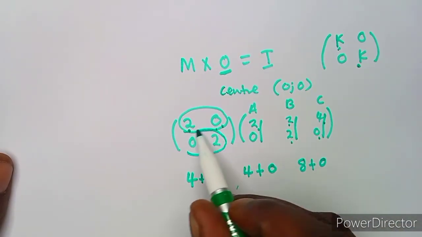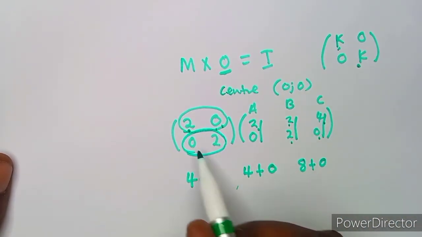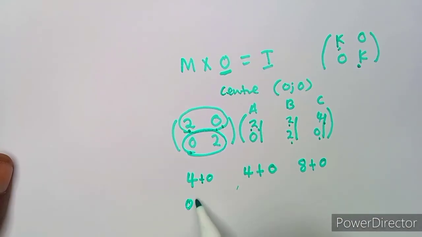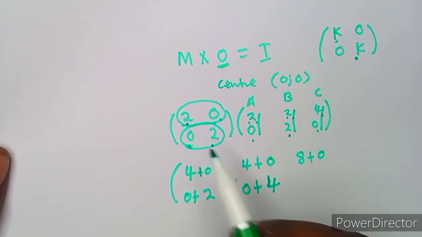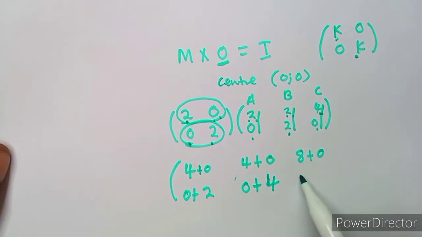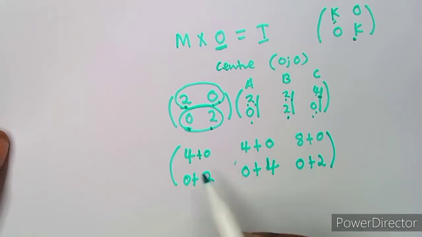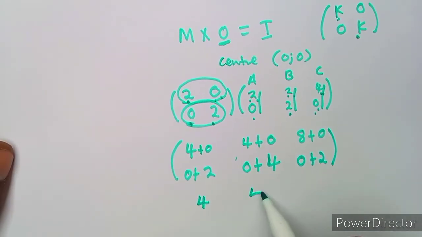We move on to this row and the same columns: 0 times 2 is 0, plus 2 times 0, that's 2. Then 0 times 2 is 0, plus 2 times 2, that's 4. Then 0 times 4 is 0, plus 2 times 0, that's 0. So that's it, guys.